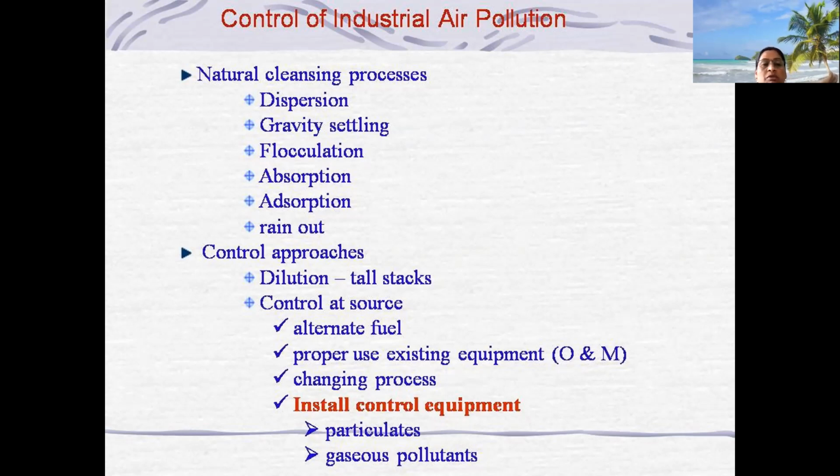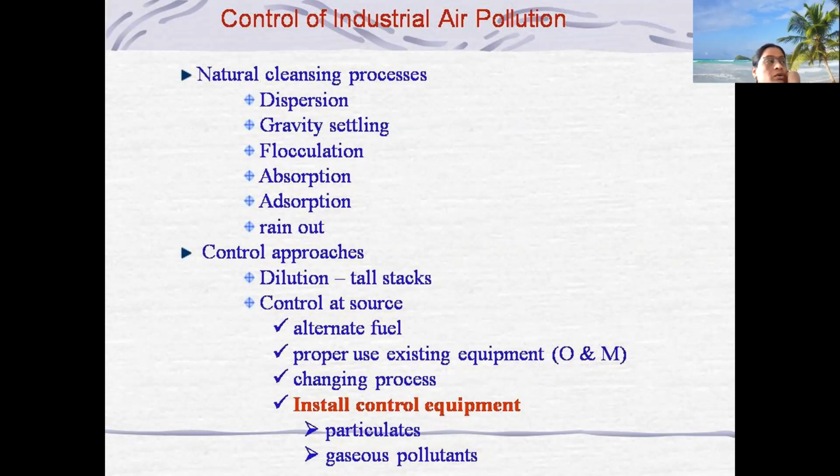Then flocculation: multiple times different types of pollutants come together and convert into one bigger pollutant, and that phenomenon is also responsible for the cleansing of the air. Then absorption, adsorption, and precipitation. These factors naturally help to control the air pollution emitted from any industry or such activities.